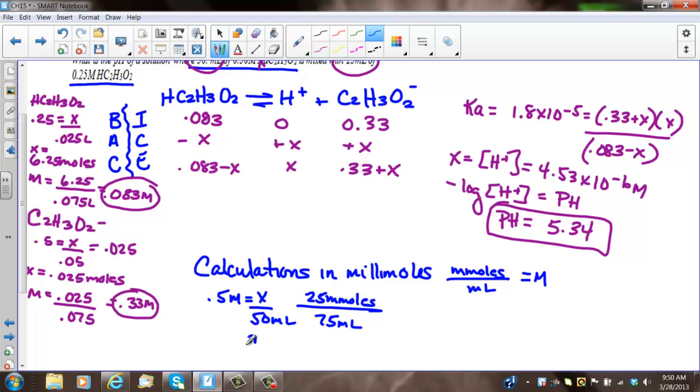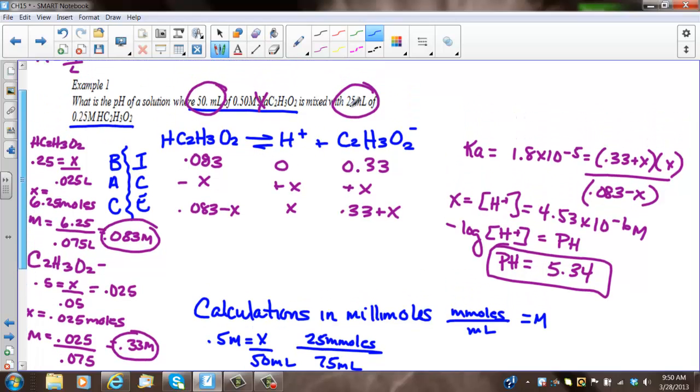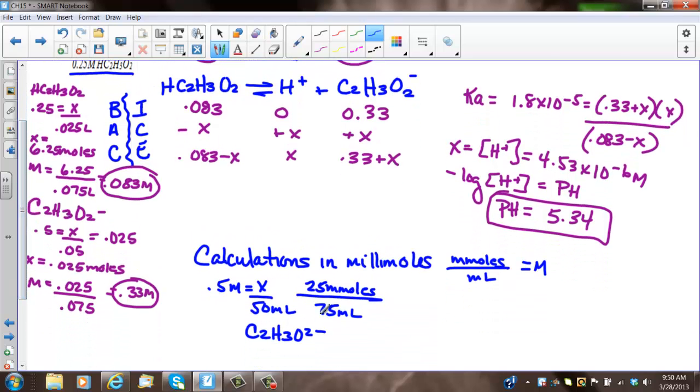So this is my base, C2H3O2 minus. And my acid, if we go up to our problem again, I had 25 mils of 0.25 molar. So now I've got 0.25 times 25, which is going to give me 6.25.